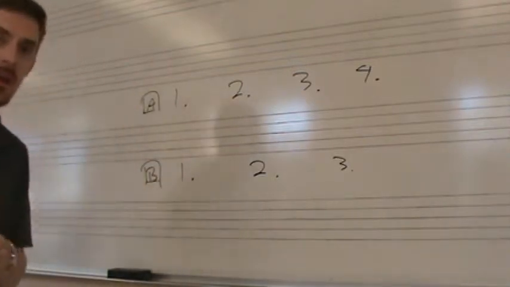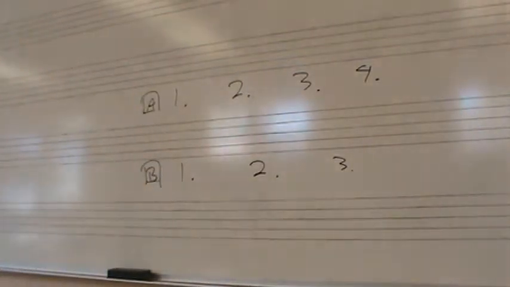Let's practice how this is going to work. I will play the interval, I will roll it, and then I will play it chorded together, and you give me the standard name. So number 1.